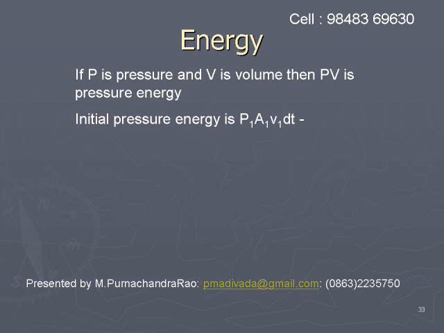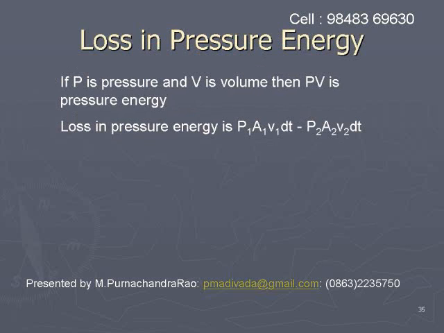The pressure energy at cross section A1 is P1 A1 V1 dt.